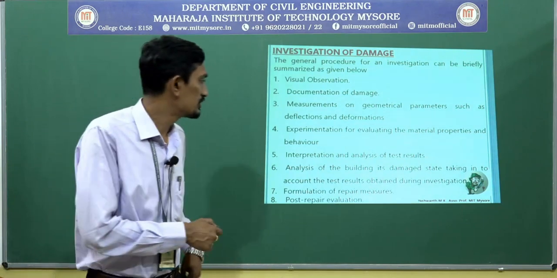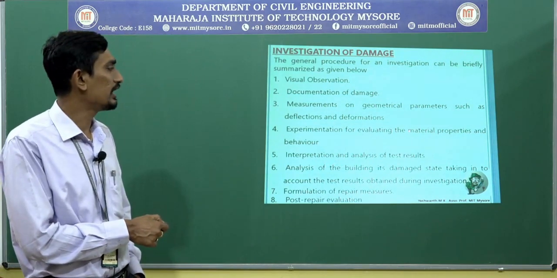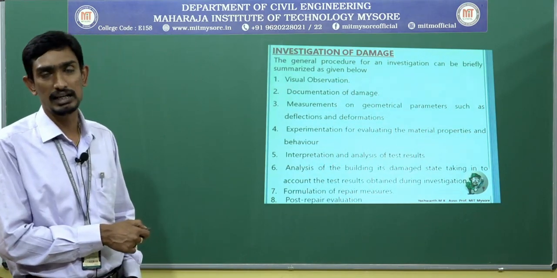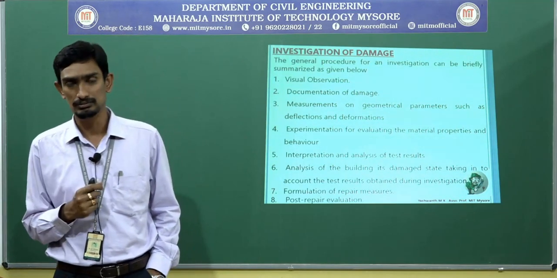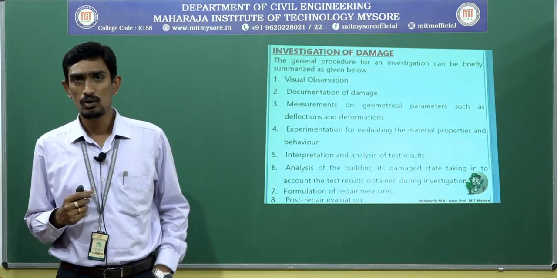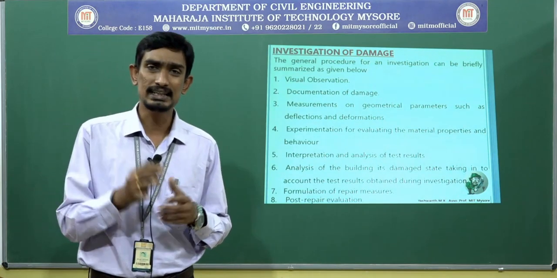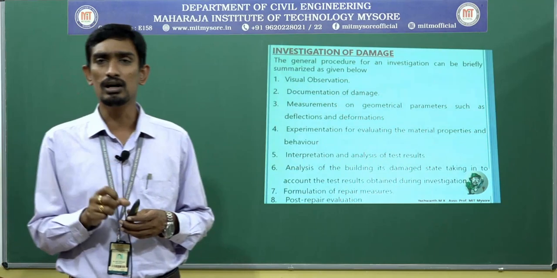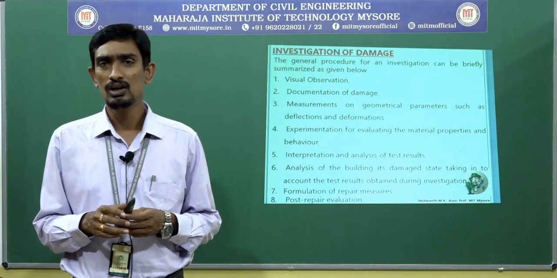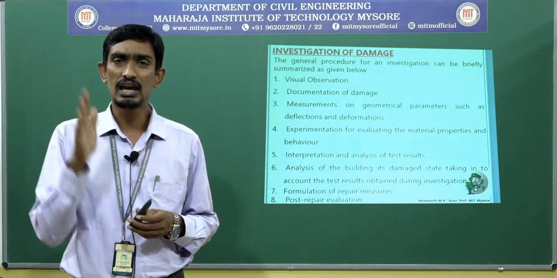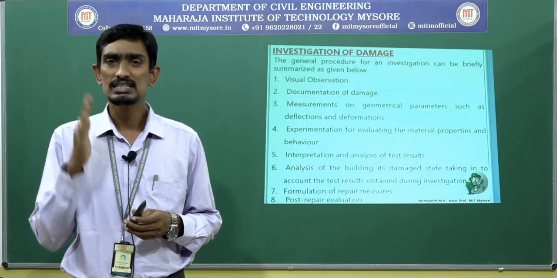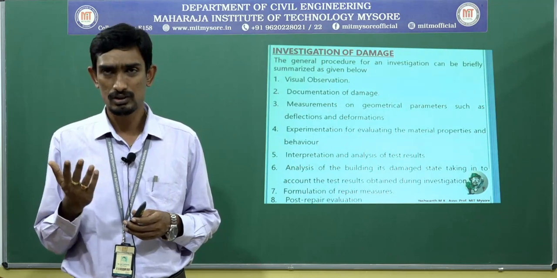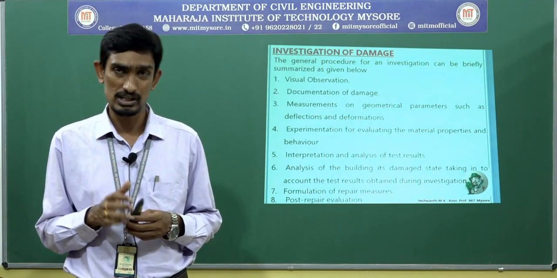See here, evaluating the material properties has been highlighted. Material properties means, for example, concrete and steel. You are going to assess the strength of the concrete and the strength of the steel, whether they are safe enough to carry the loads. That is the experimentation.